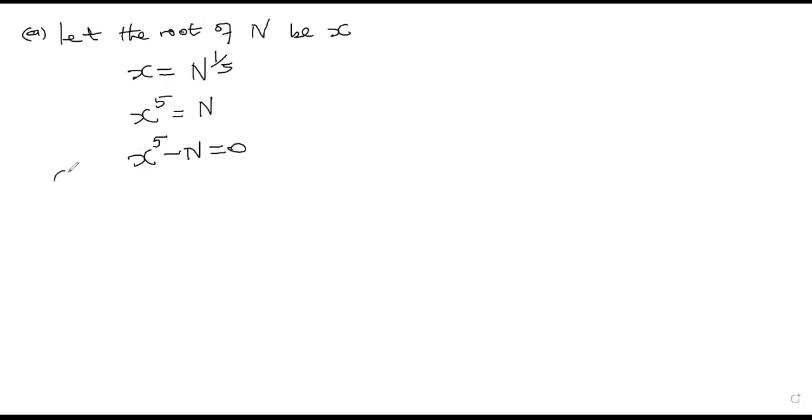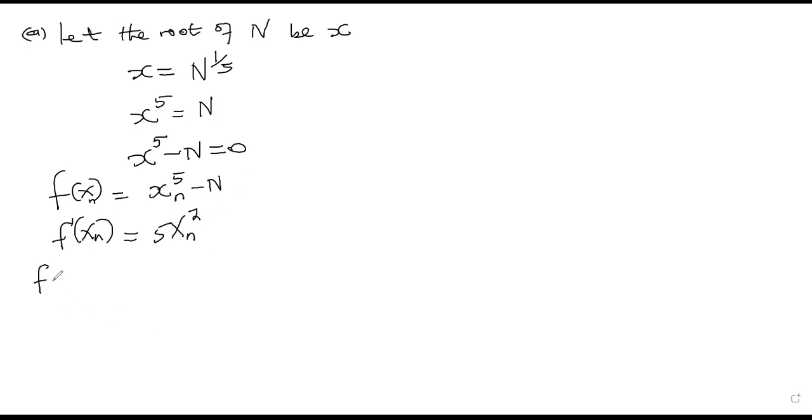So from this, you can have f of xn is xn power 5 minus n, and then its derivative is 5xn to the power 4, just that, because n is a constant.